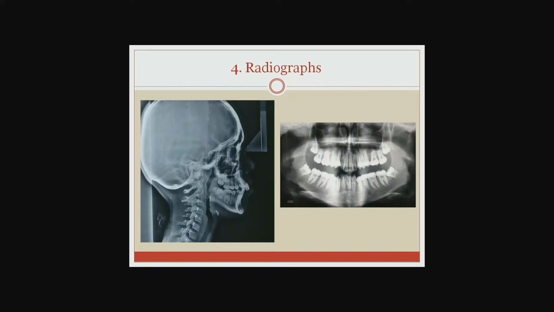Now, these radiographs help you in assessing the size of the bone, the length of the bone, the width of the bone. Bone means maxilla and mandible, and its supporting structures. They also help you in assessing the size of the tooth inside the mouth, the size of the tooth inside the jaw, and many times they help you in assessing abnormally positioned teeth and normally positioned teeth.